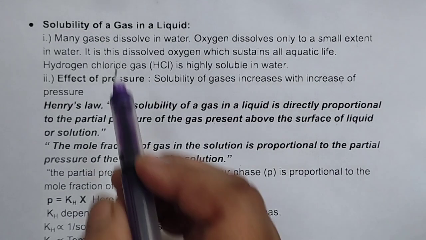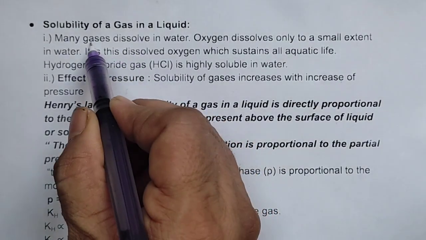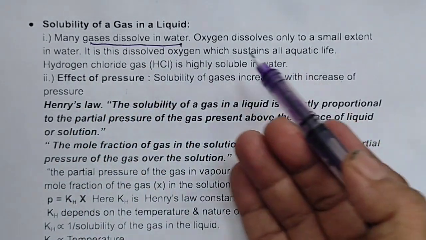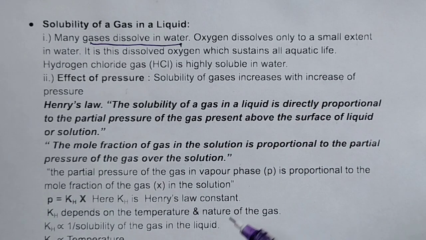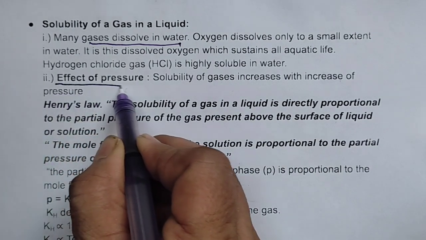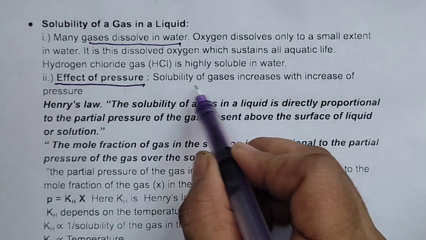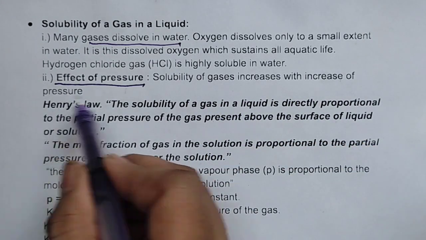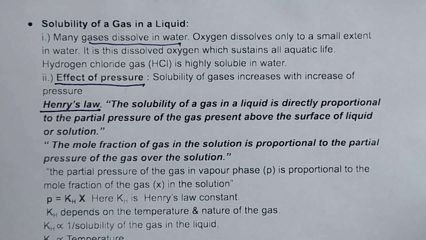And now let's talk about solubility of gas in liquid. Gases are generally soluble in water. That depends on the nature of the gas also. HCl is very highly soluble, oxygen slightly soluble, right? The main factor for gas in liquid is the effect of pressure. Solubility of gases increases with increase in pressure. With respect to this, there is a law, Henry's law.